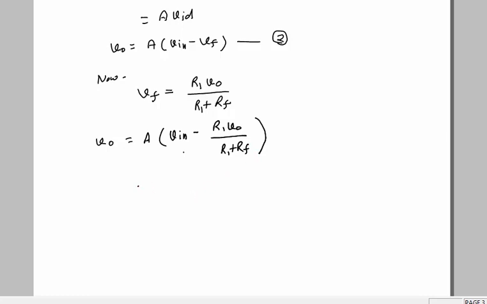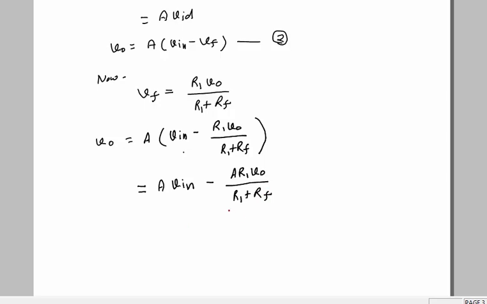If we open the bracket, it will be A V in minus A R1 V naught divided by R1 plus RF.